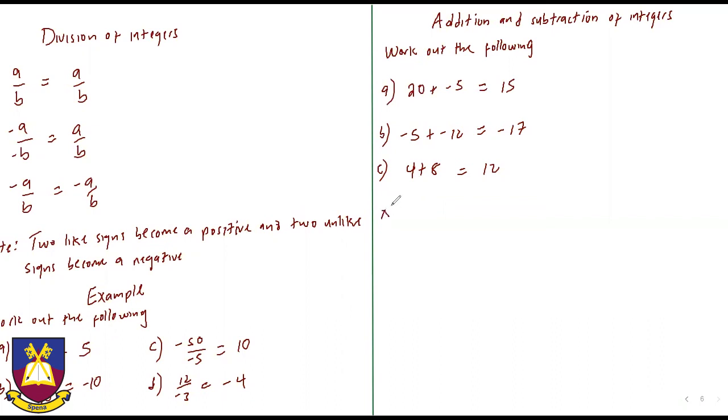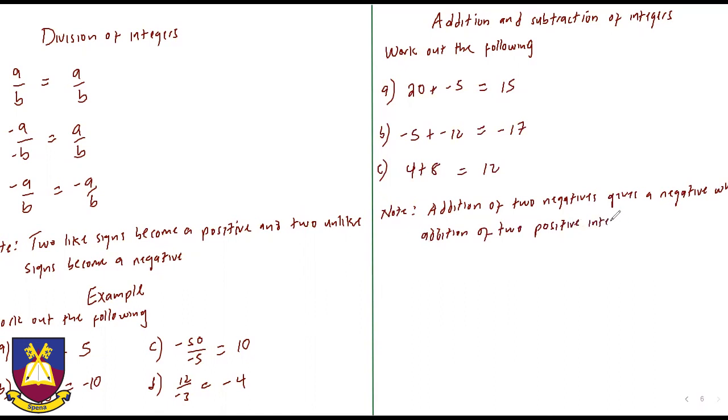So we can note that addition of two negatives gives a negative, while addition of two positive integers gives a positive.